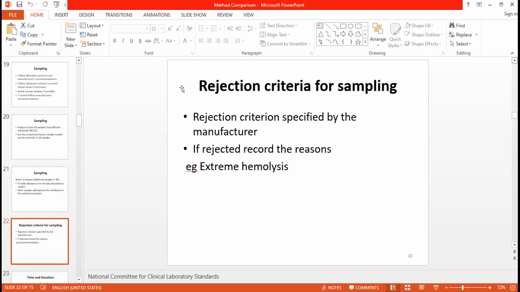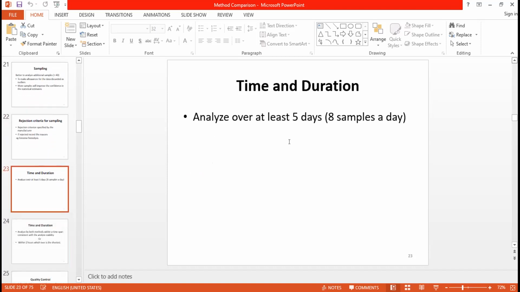Rejection and acceptance should be done as recommended by the manufacturer, and any rejection should be documented with reasons. A method comparison experiment should be done.